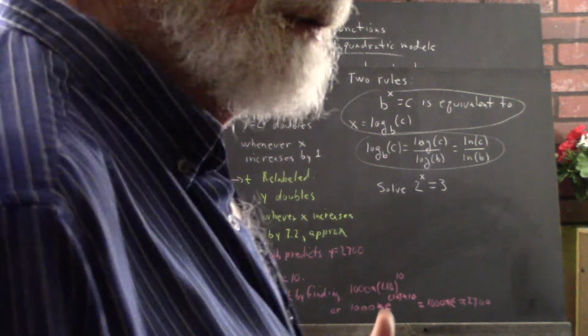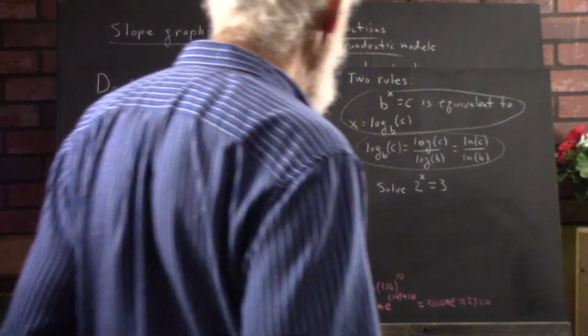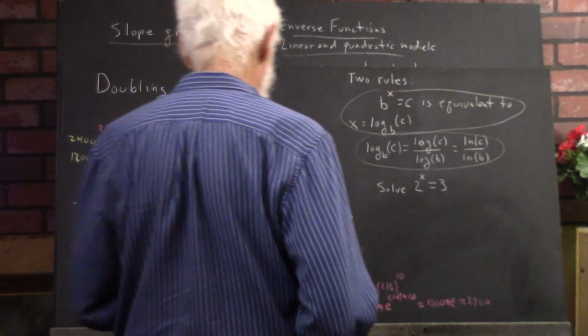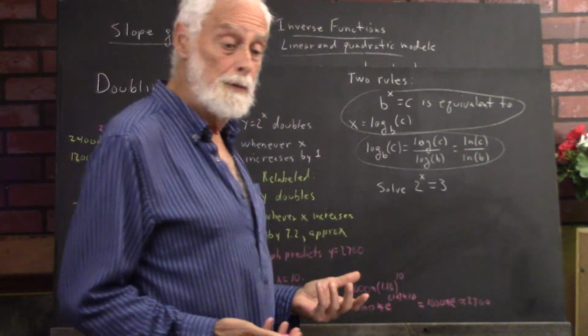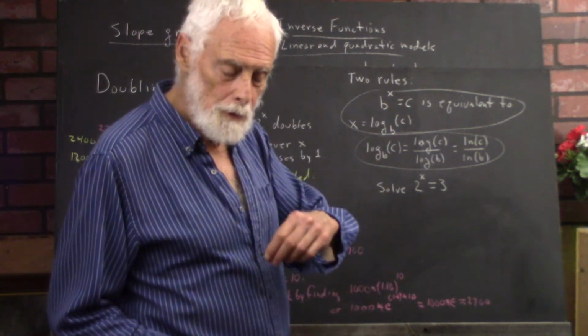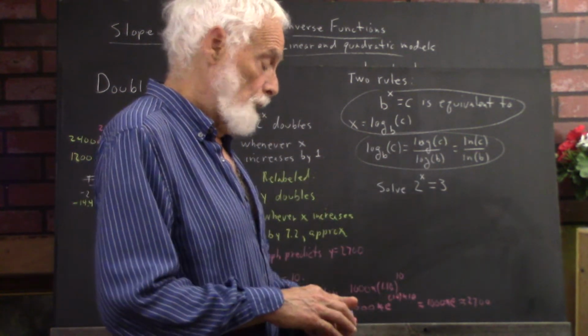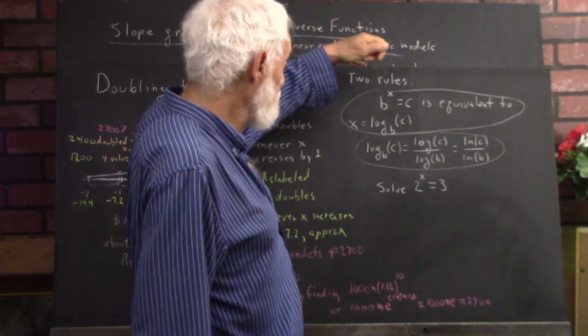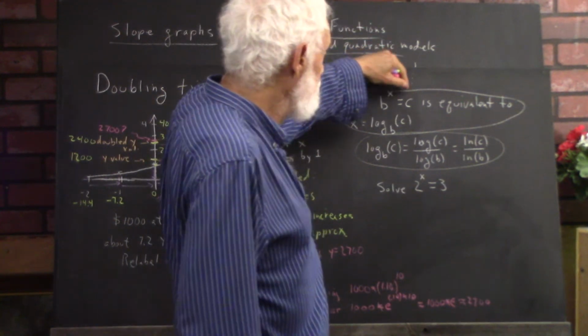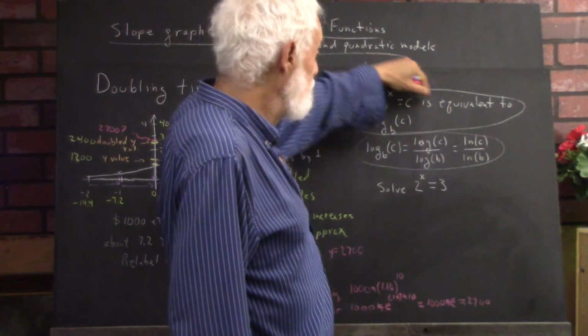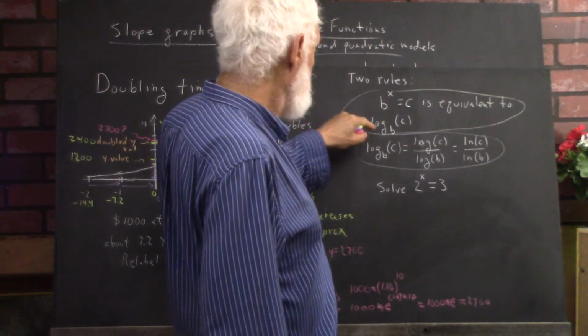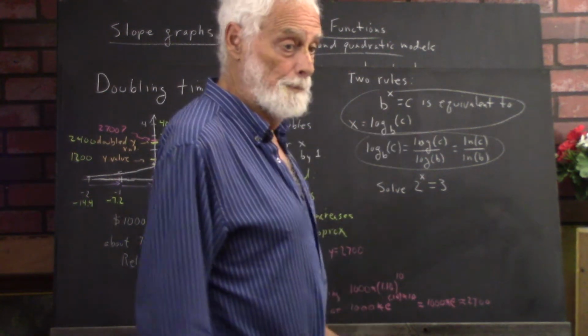Okay, now there are a couple of rules that we can understand in terms of the graph of the logarithm function and the fact that the logarithm function is inverse to the exponential function. The two rules are this: b to the x equals c is totally equivalent to x equals log base b of c.